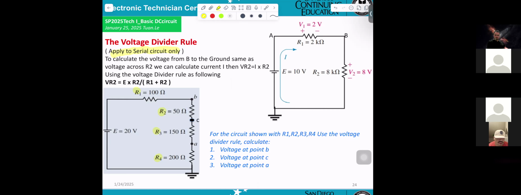You have to calculate the total resistance, R1 plus R2 plus R3 plus R4.